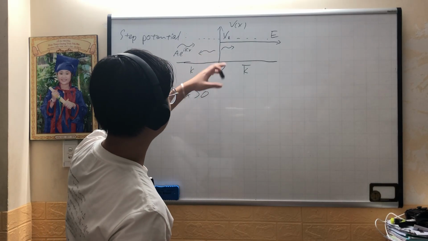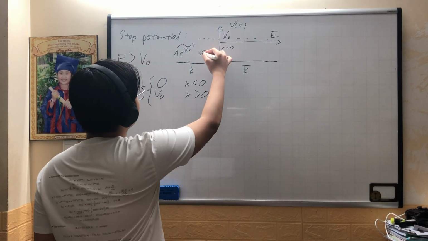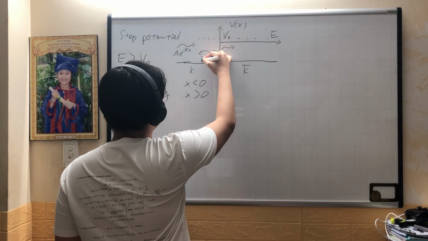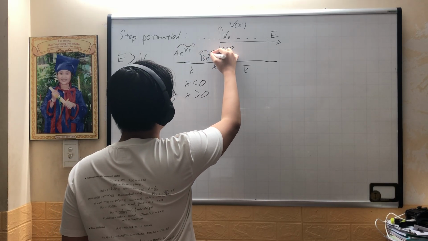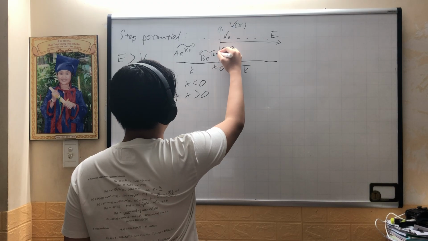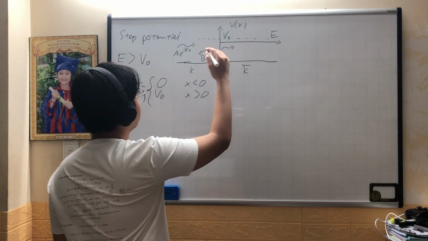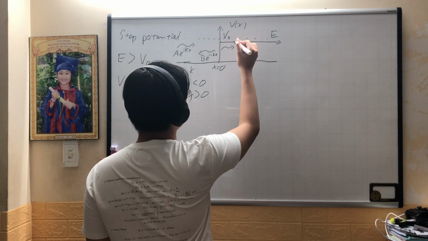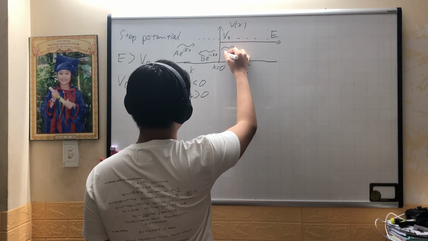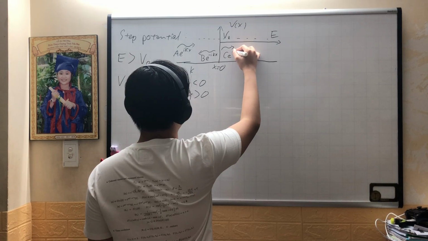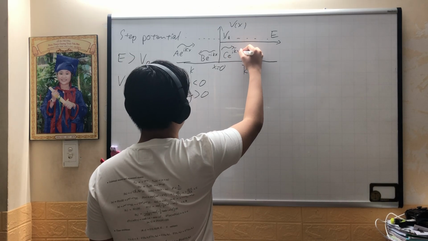The one that bounced back, we will say, is equal to B times e to the minus ikx. Next, the one that got through, we would call C e to the ik tilde x.